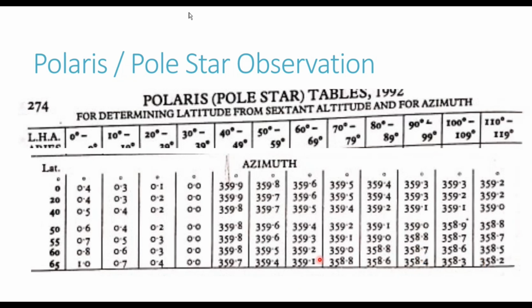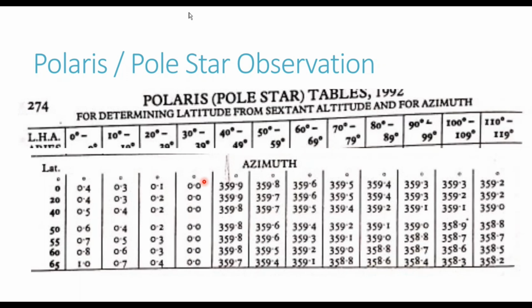Now, one important thing to note here is that if you see the LHA Aries column of 30 to 39, in this column, the azimuth of Polaris is exactly 000.0. That means in this particular LHA range, you will have the Polaris exactly north of you.